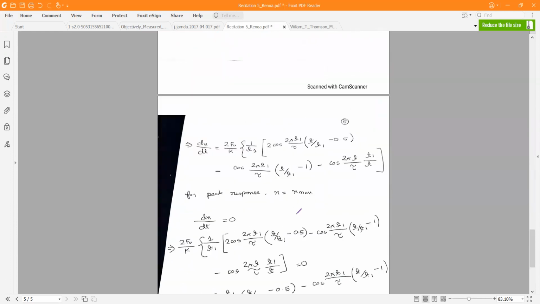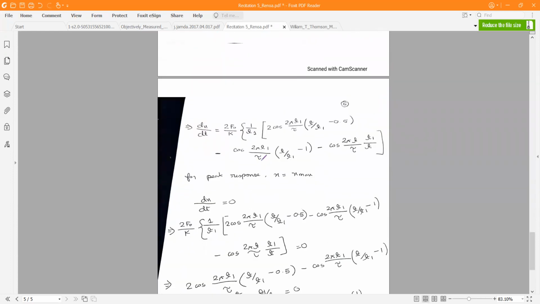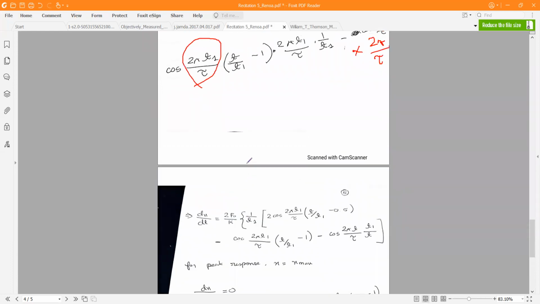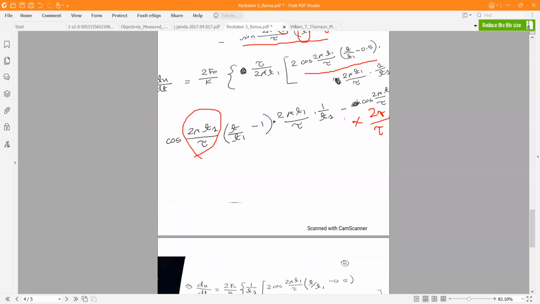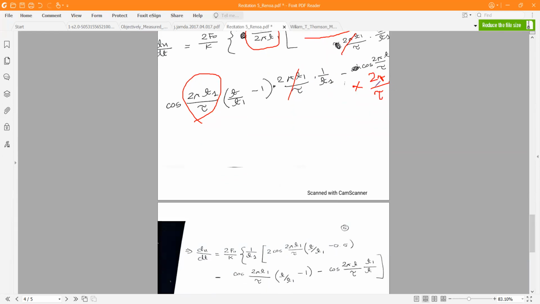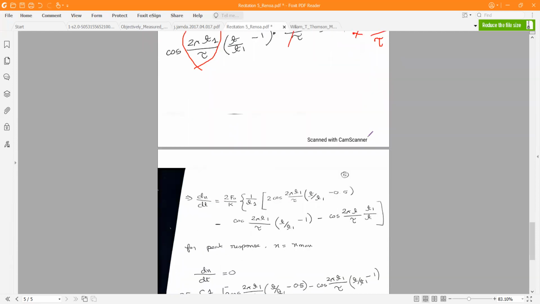So now for dx by dt we have 2f naught over k. Since we have 2 pi t1 over tau, the tau 2 pi t1 cancels out with this one and we get the t1 out. It also cancels out this one and we get the t1 out. Here we only have 2 pi over tau, so we are going to multiply with t1 over t1.